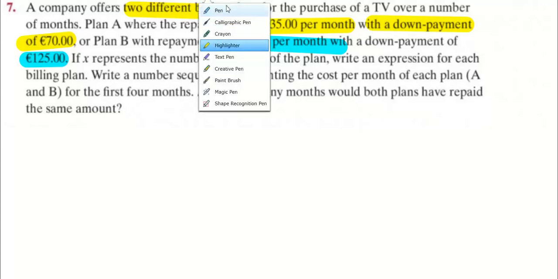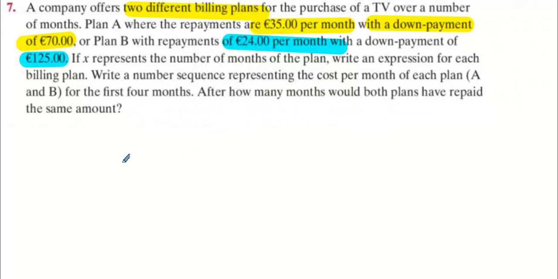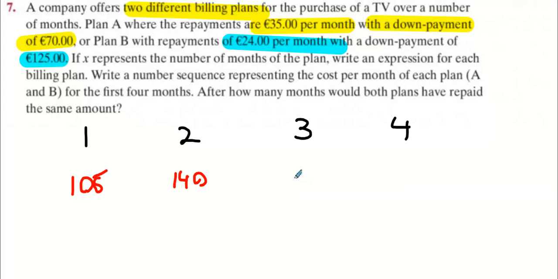So here's what I suggest we do. What's plan A after 1 month? How much have you spent after 1 month? 105. Okay. So 1 month, 2 months, 3 months, and 4 months. So for plan A, it's going to be 105. Then after that, add on another 35. After that, 210.